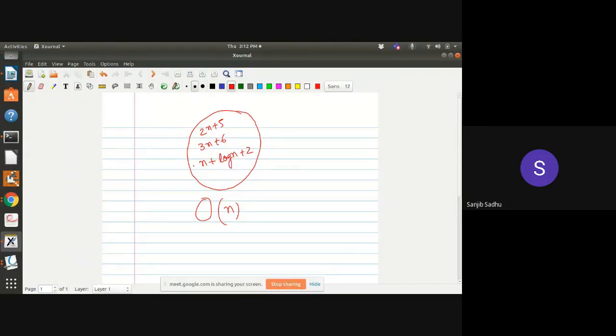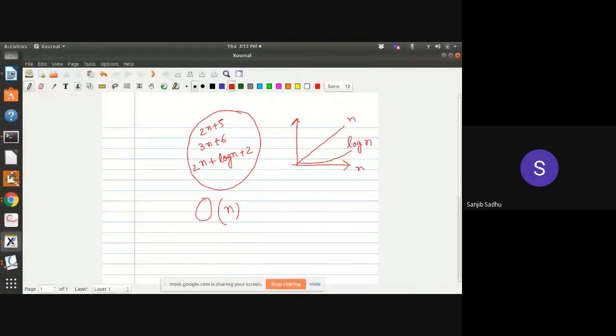Here you see I will say why it is big O of n, because log n grows slower than n. You know the curve: this will be the n curve, but the log n curve will be like this.